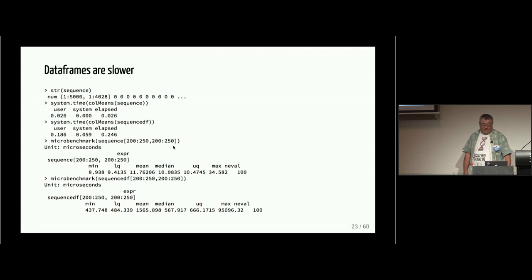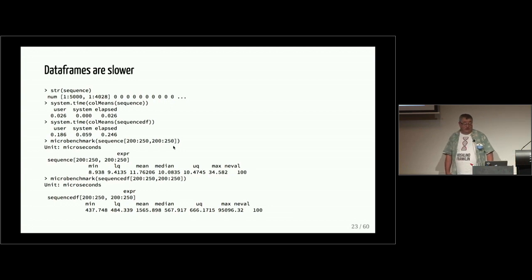So here's the matrix version. Here we've got a matrix, numeric 5,000 by 4,000. We can take the column means of that matrix in about a 40th of a second.